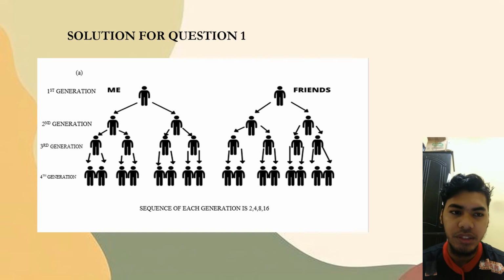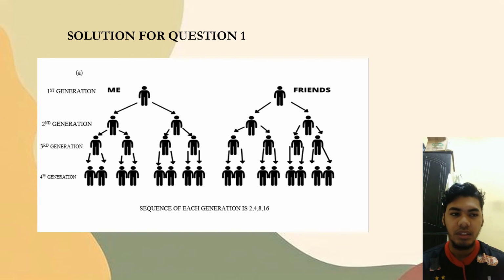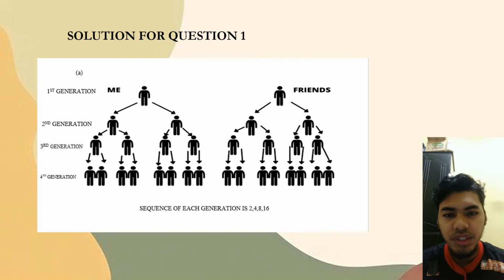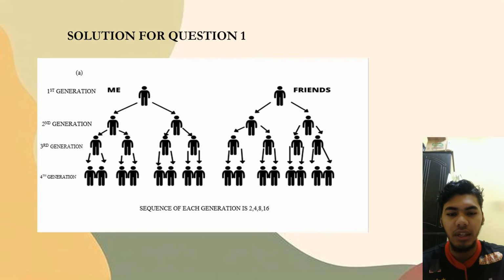For the third generation, we times 2 with the second generation, so you can get 8 new members. And lastly, for the fourth generation, we times 2 with the third generation members, so we can get 16 new members. So the sequence of each generation is 2, 4, 8, and 16.